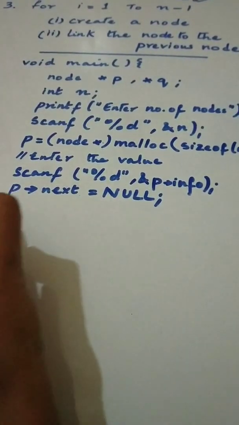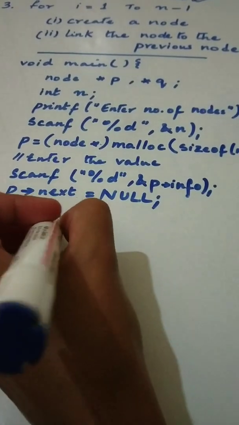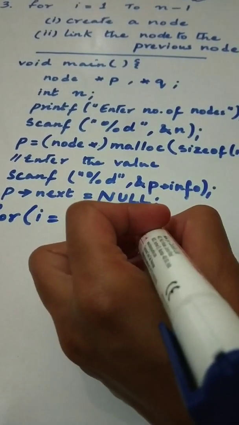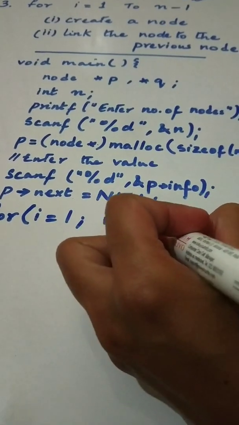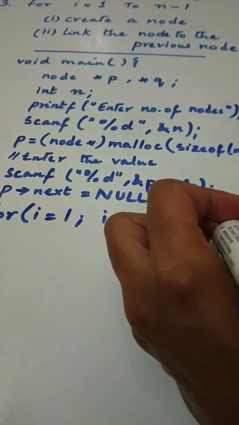Then after this I will say for i is equal to 1, i is less than n, i plus plus. That should do.